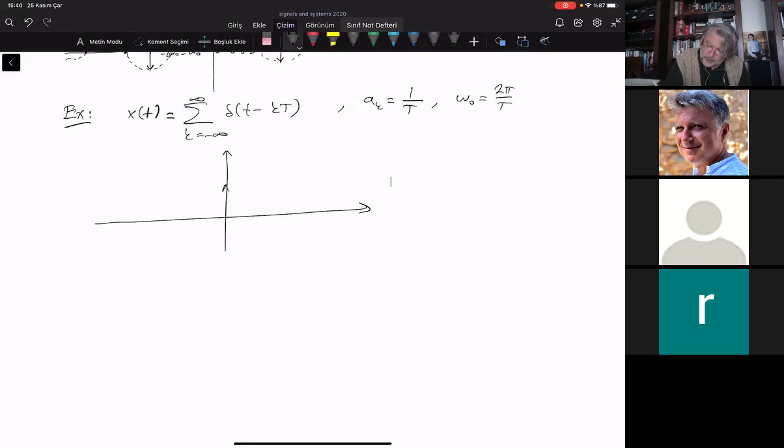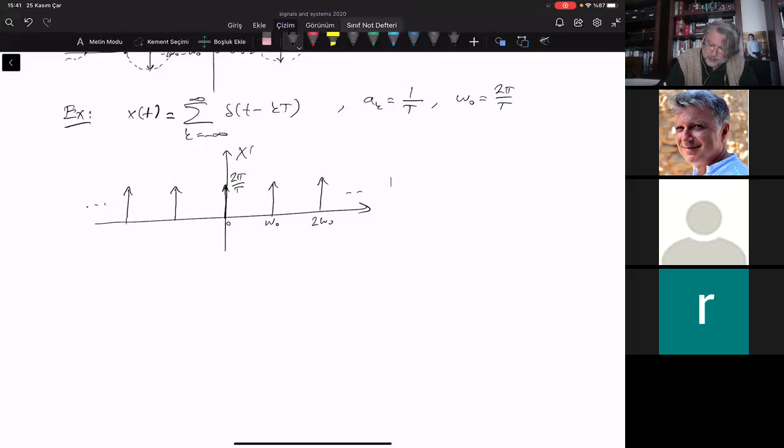So an impulse at 0, whose magnitude is 1 over capital T times 2 pi, which is 2 pi over capital T, at 0. And another impulse at omega 0, which is again 2 pi over capital T in magnitude, and then 2 omega 0, etc., to the left and to the right, like this.